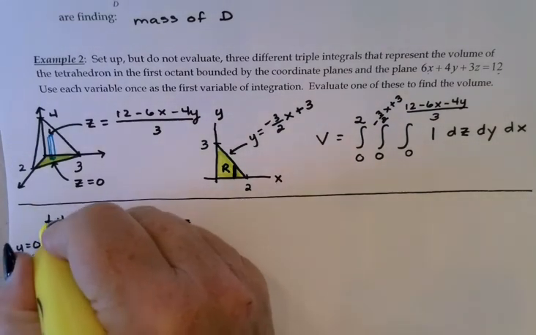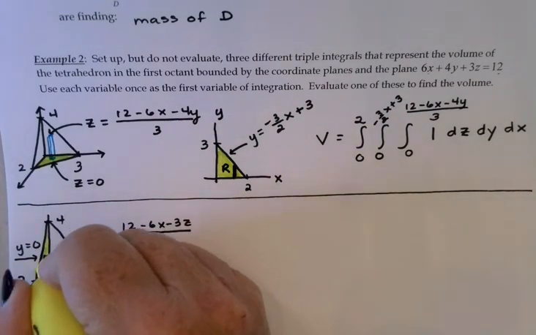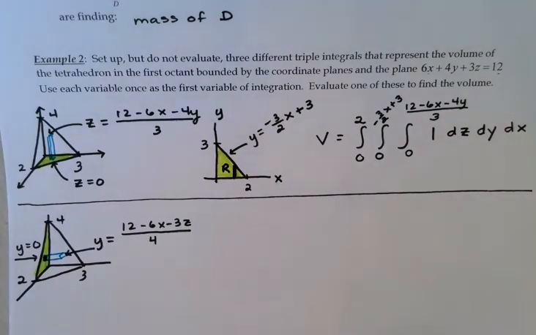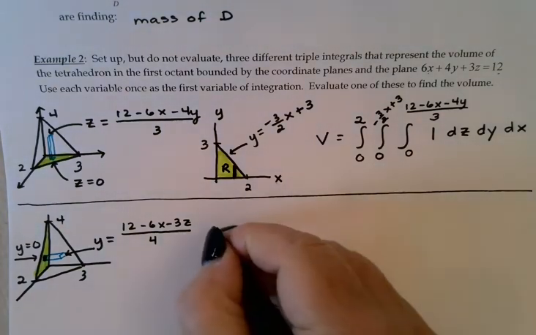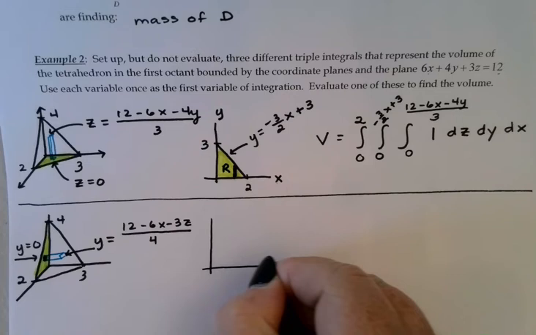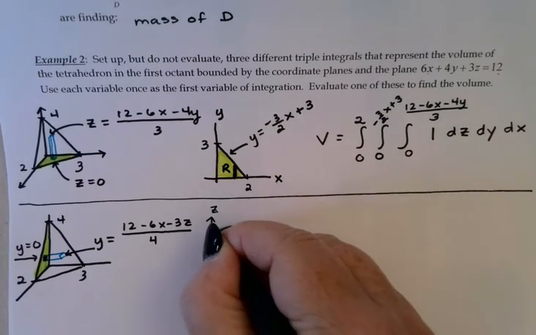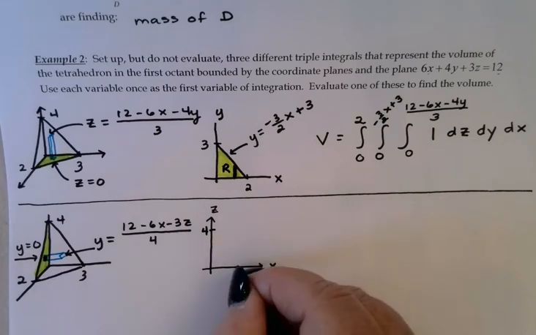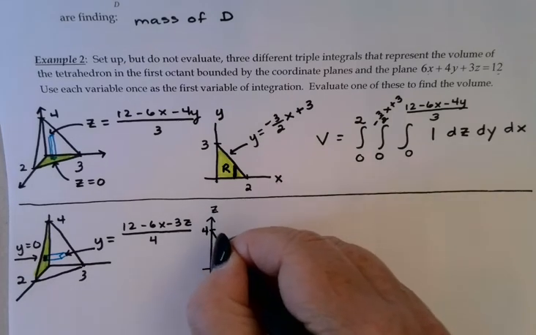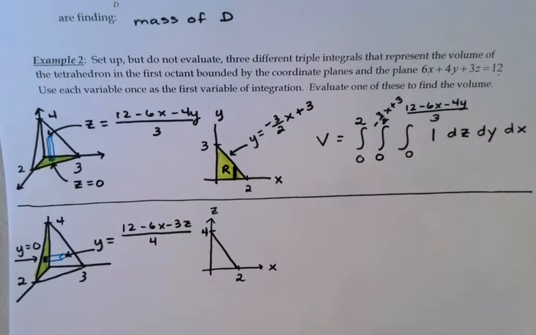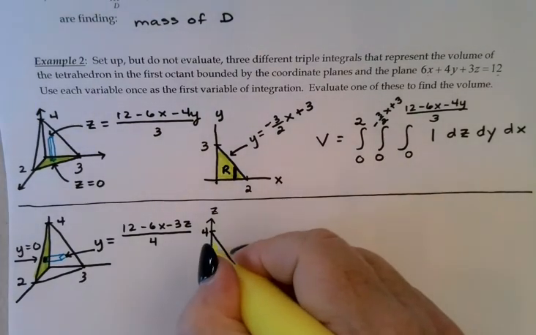So this time it's the triangle over here. That's my R, in the xz plane. The z-intercept is 4, and the x-intercept is 2. So there's our R.